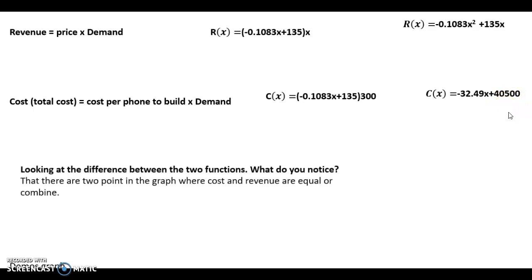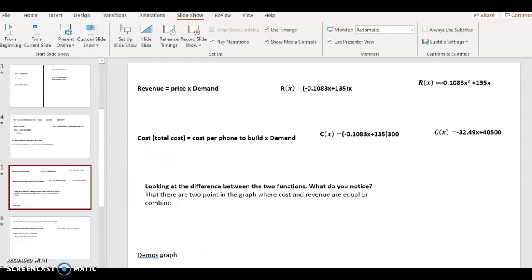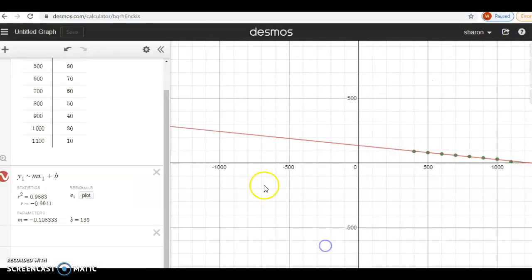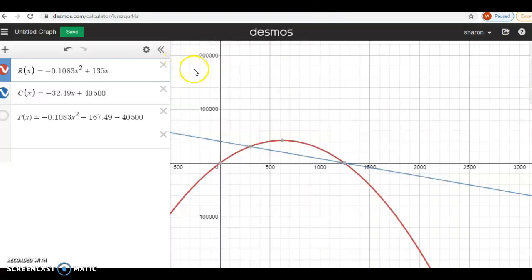Okay. Looking at the difference between the revenue function and the cost function, this is what we get.